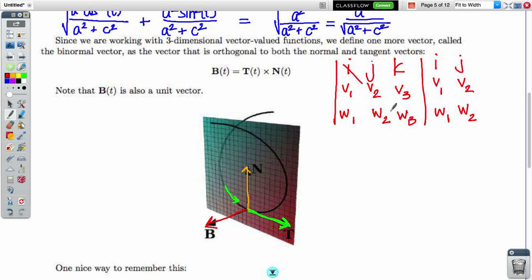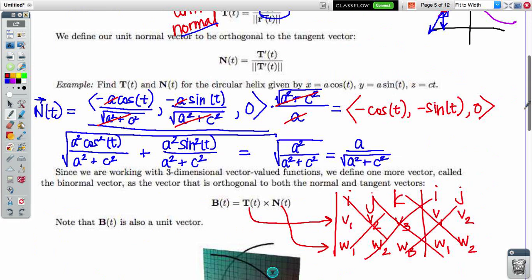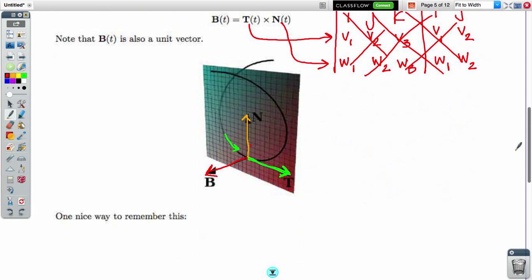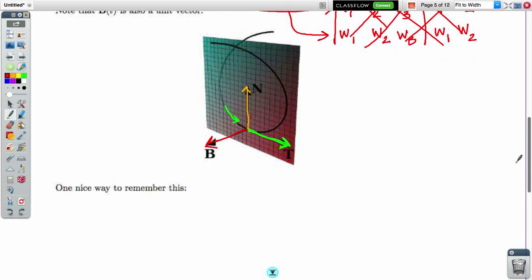So you do cross, cross, cross, minus cross, cross, cross, and that gives you this third vector. In this case, it's going to be the binormal. And the order does matter, so your tangent vector has to be the second one and your normal vector has to be the third one, or else you'll get the wrong direction. But when you do that, you get this nice configuration here.